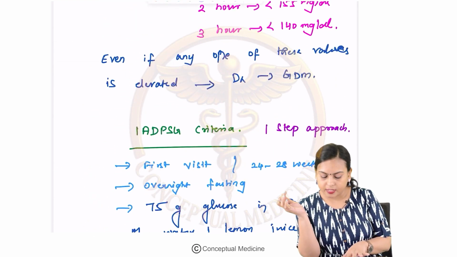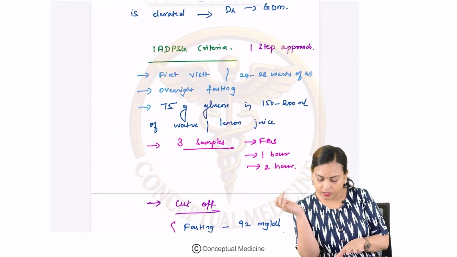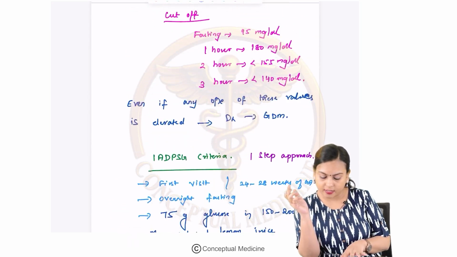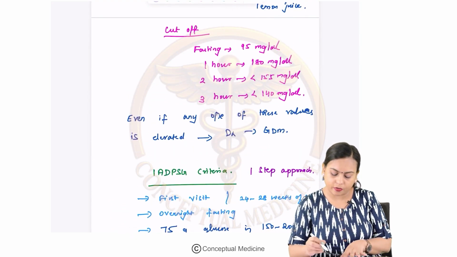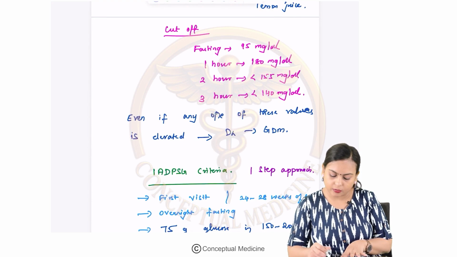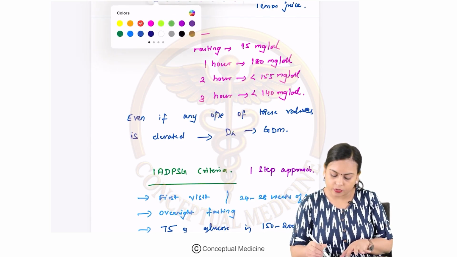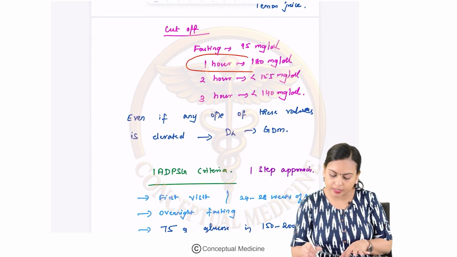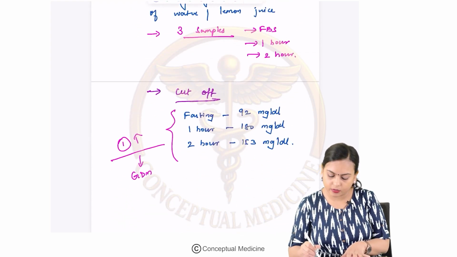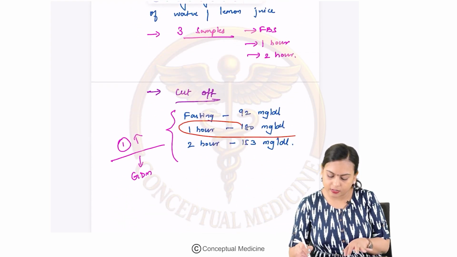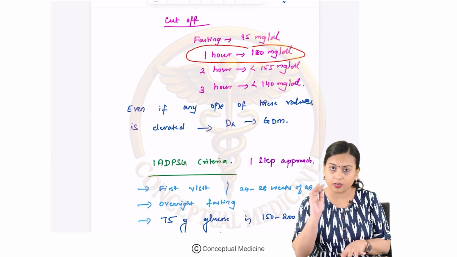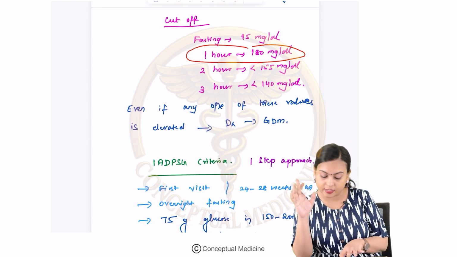And in this, I want to tell you one fact, that the 1 hour value will be the same for both. The 1 hour value is going to be 180 milligram per deciliter only, but the fasting and the 2 hour values will change. Not much difference, but listen.